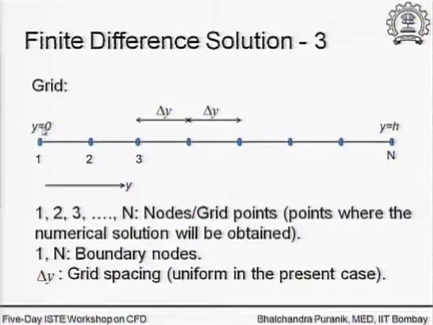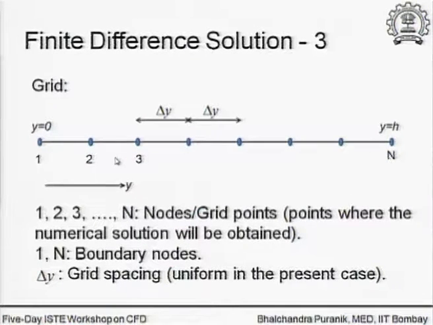On the left I have y equal to 0, where I am placing one node, the left boundary node, and then I am placing successive nodes at equal distance, which I am calling delta y, till I end the domain with a final node, capital N, as the right boundary node at y equal to H. So these are the points 1, 2, 3 and so on, all the way up to N, where the numerical solution will be obtained.